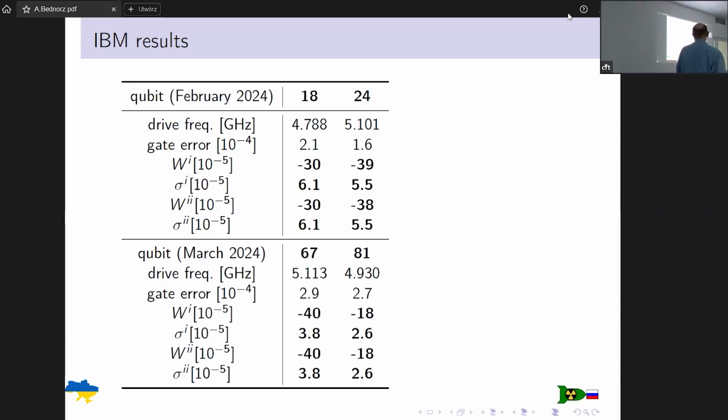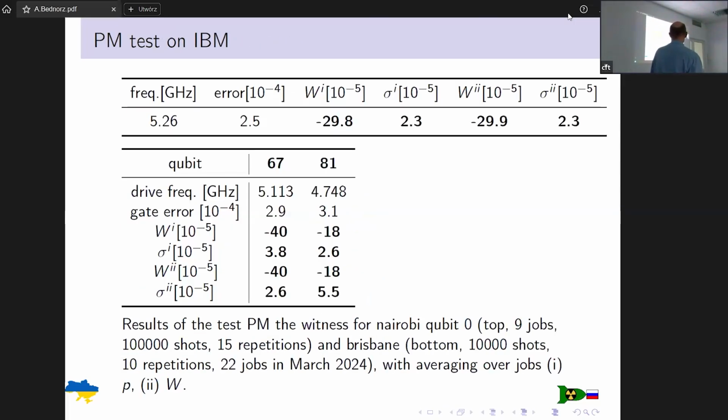Here it's on the level of 5, but it depends. It also depends on the month. From time to time, one qubit is better than the other. But what you can see is that indeed this test can tell you that some qubits are faulty. They don't pass this test.